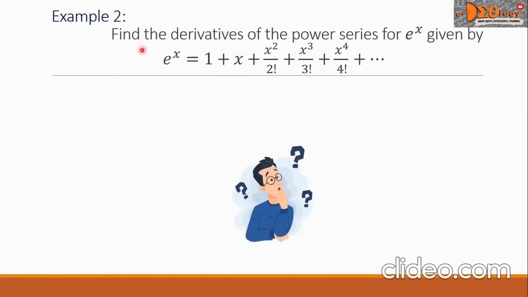Example 2. Find the derivative of the power series for e raised to x, given by e raised to x equals 1 plus x plus x squared over 2 factorial plus x cubed over 3 factorial plus x raised to 4 over 4 factorial plus and so on.